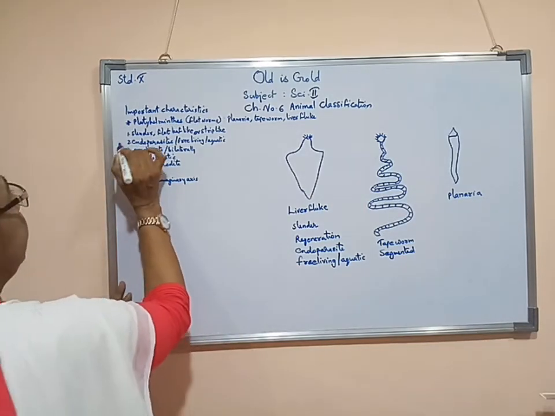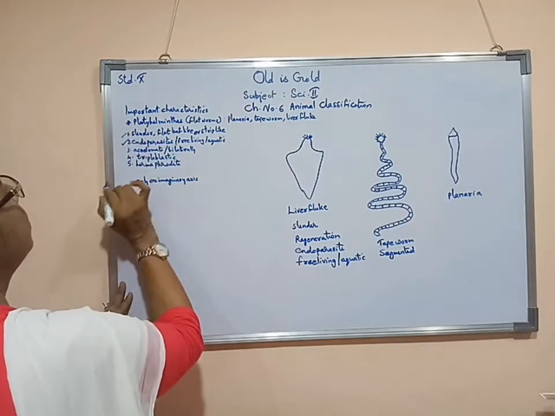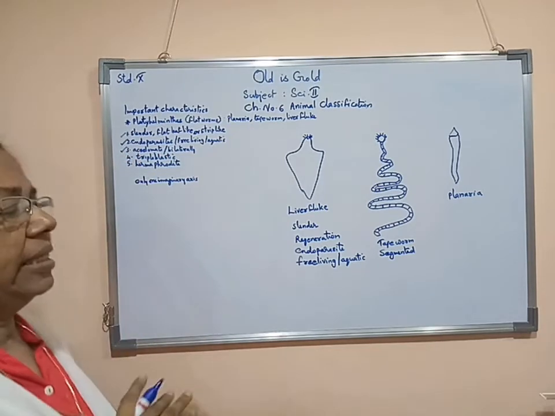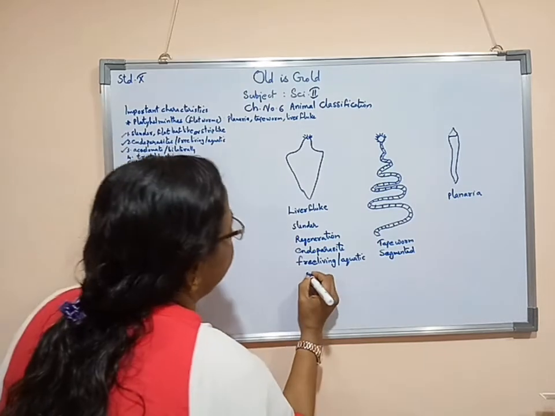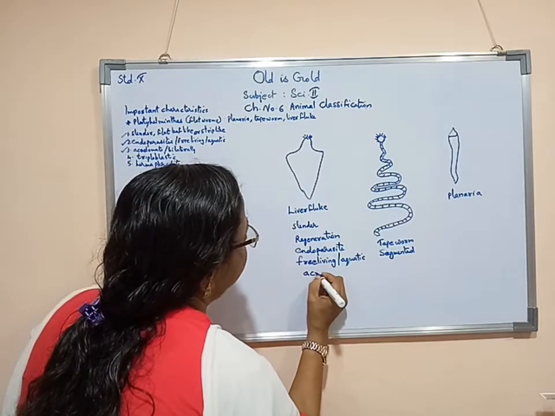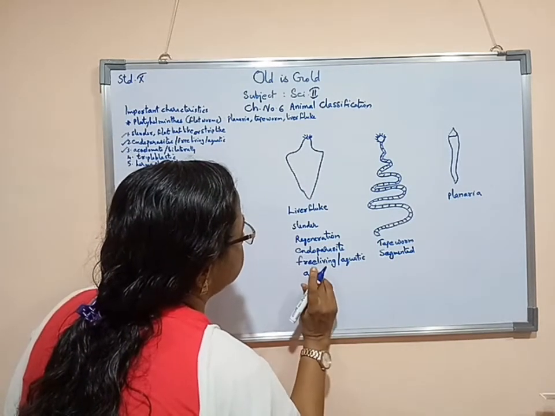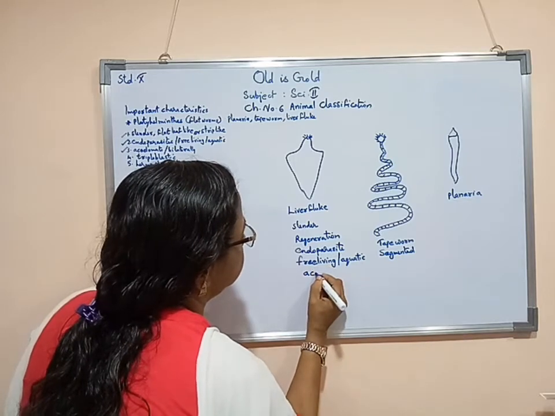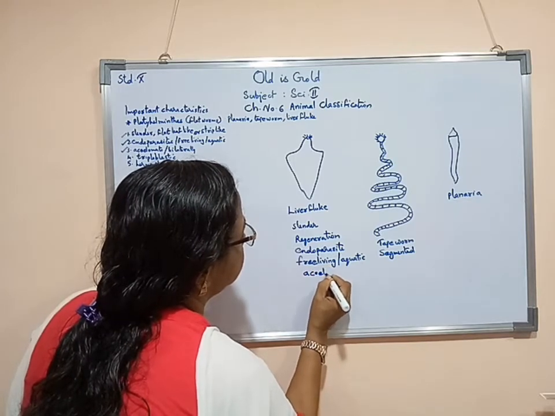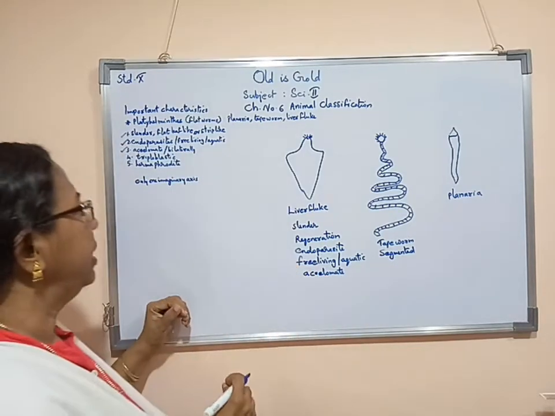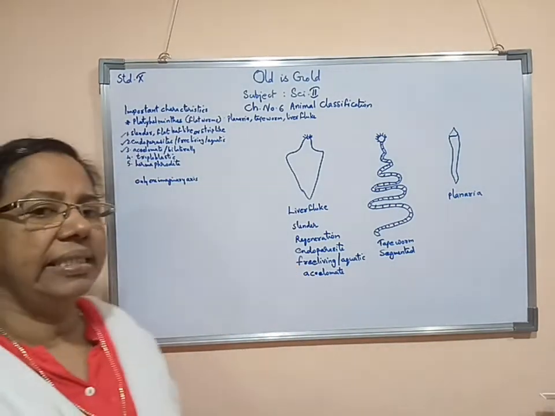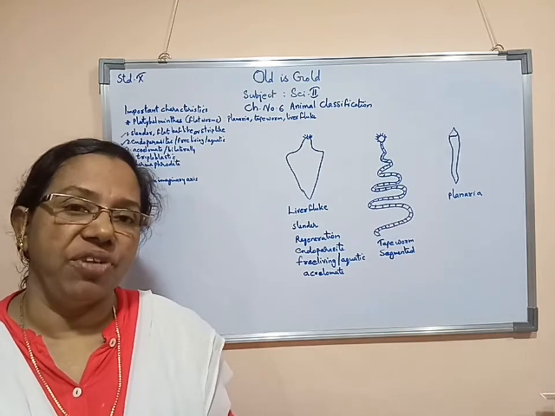Now we can say that their body has no body cavity. So we can say that they are examples of acoelomates. Acoelomate means their body has no body cavity.